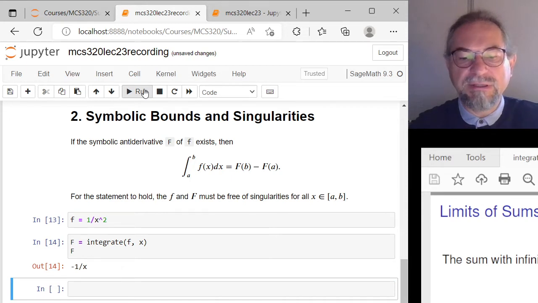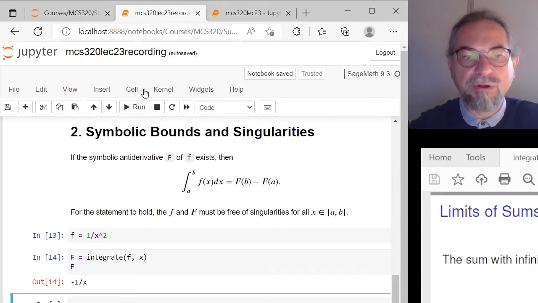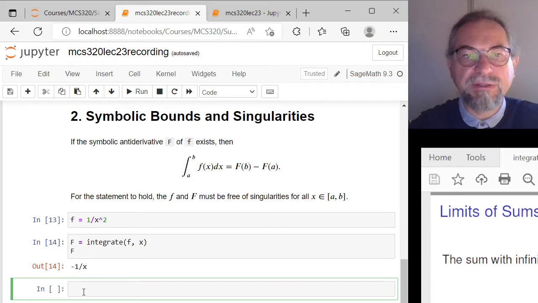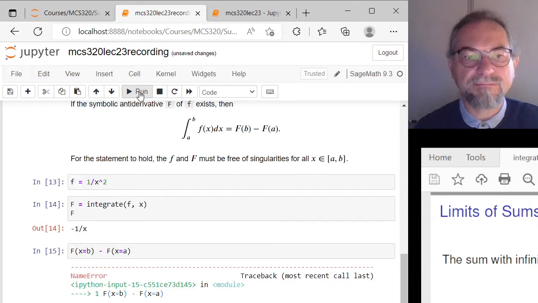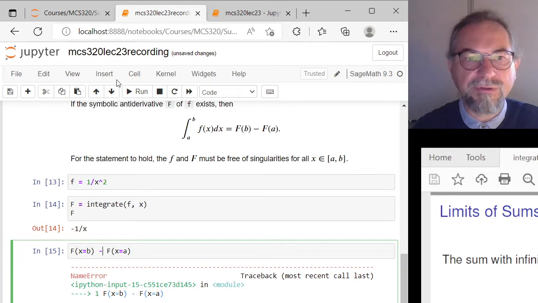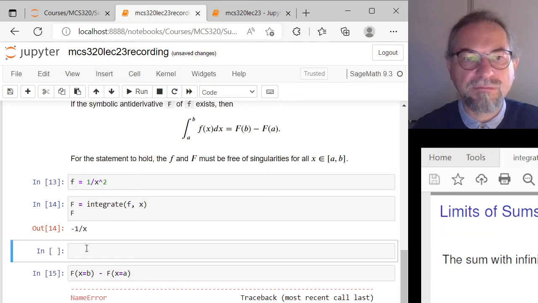And now the symbolic value of the integral is capital F at x equals b minus capital F at x equals a. And a and b are not defined, so I should have declared the variables a and b.